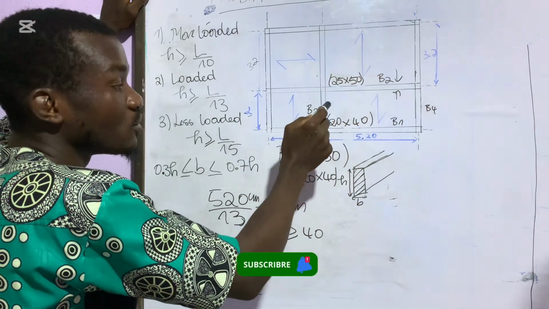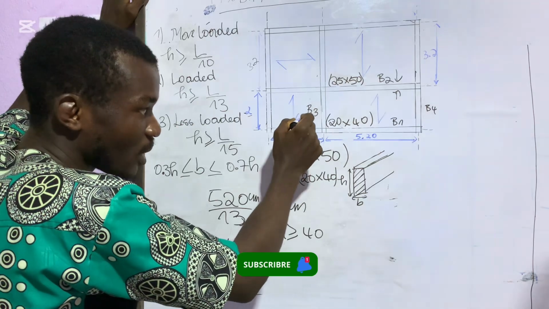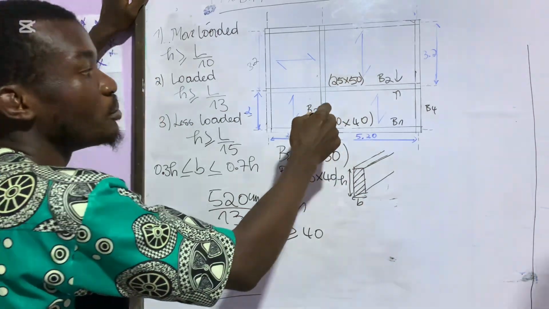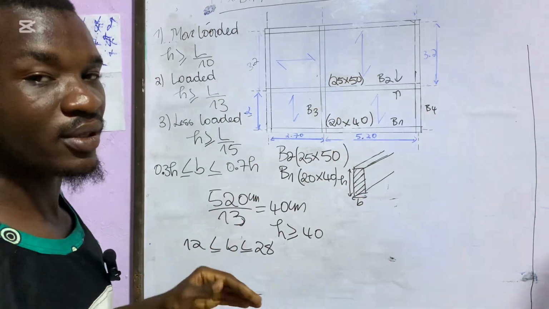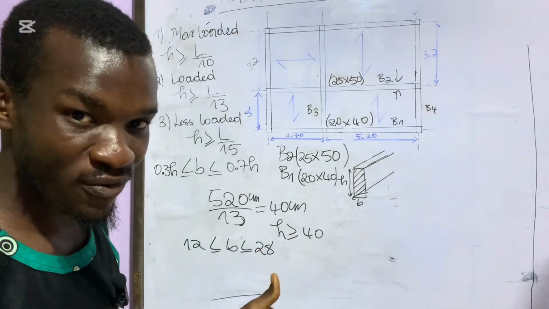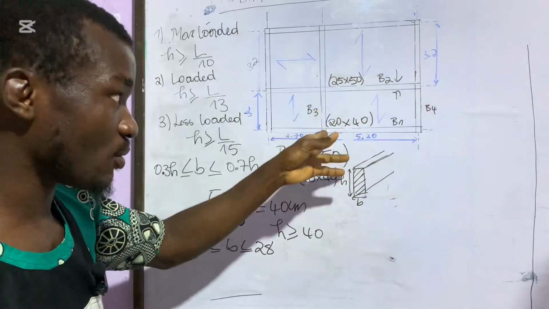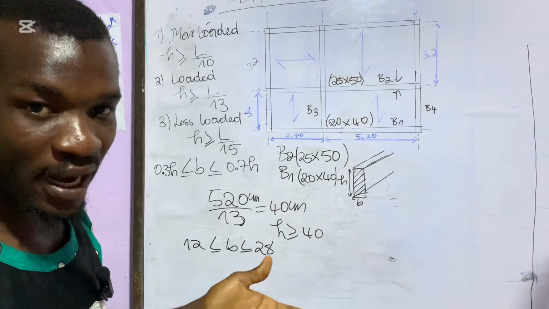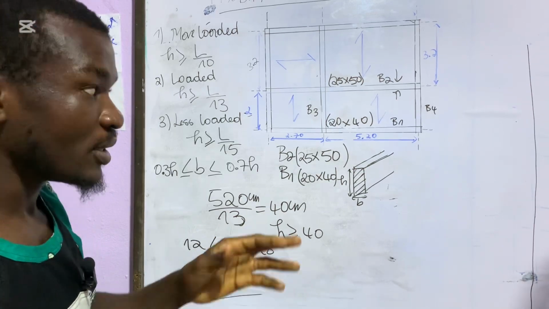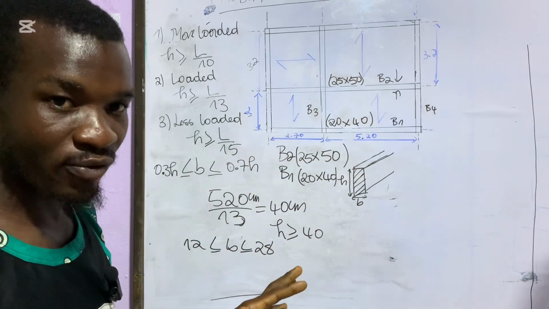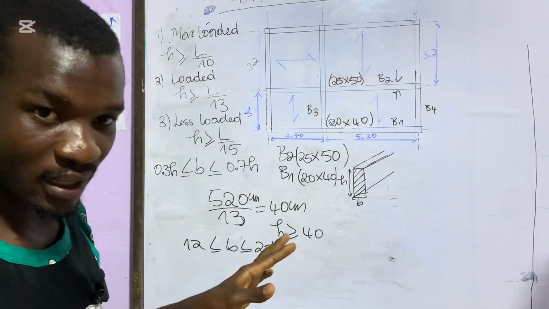So the beam B3 is just carrying the load of its self weight, and maybe a wall, if there is a wall passing on top here. It will be carrying only its self weight and that wall. So B3 is that kind of beam that qualifies to be less loaded.